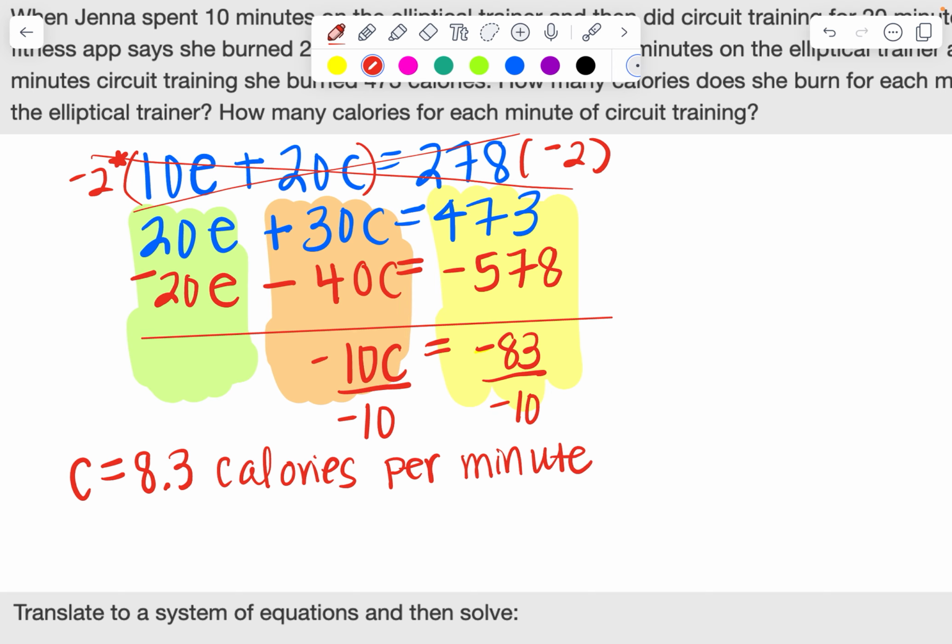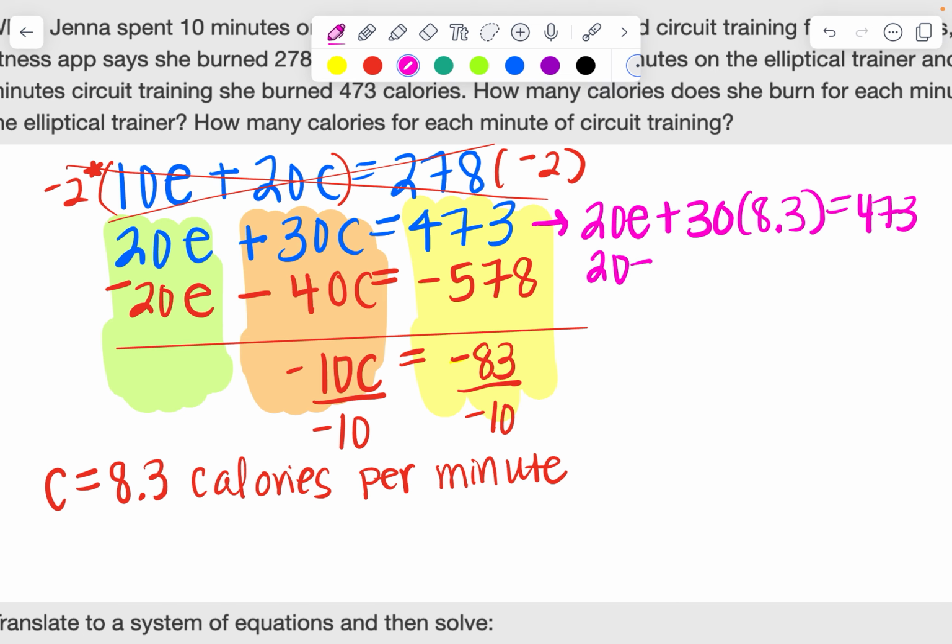Now I need to solve for E. It doesn't matter which one of these equations I use. I'm going to use this one. So 20E plus 30 times 8.3, because now I know that's what C represents, equals 473. Continuing to simplify, 20E plus 30 times 8.3 gives us 249 equals 473.